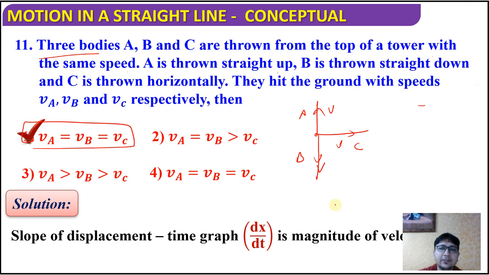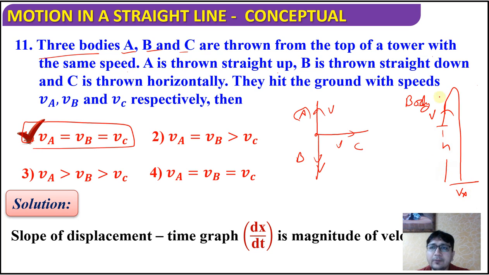Okay, guys, I can explain the same question one more way. Let's see. For this body A, there are three bodies A, B, C, as they had told us. For body A, what is the equation when it reaches the ground? Let's see. The body is projected upward with velocity v, and it reaches the ground with velocity VA. The net displacement is h. When the body is projected, acceleration will be taken as minus g.